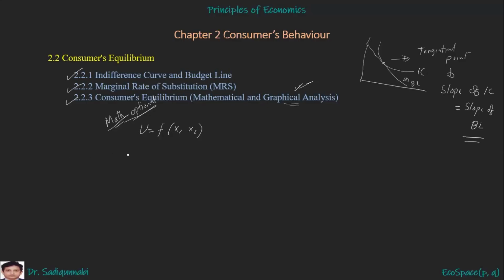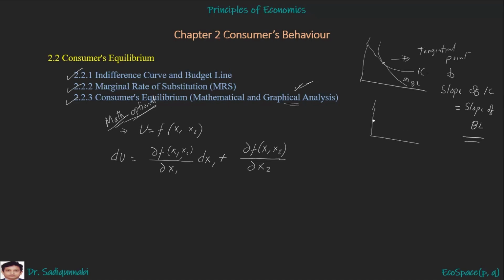Okay, so if we take the total derivative of this, our du is equal to the partial derivative del function of x1 x2 divided by del x1 times dx1, plus del function of x1 x2 divided by del x2 times dx2. And this du equals what?